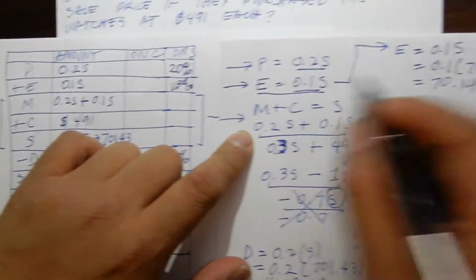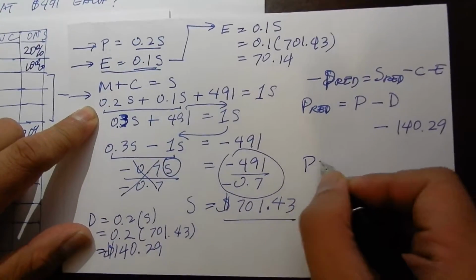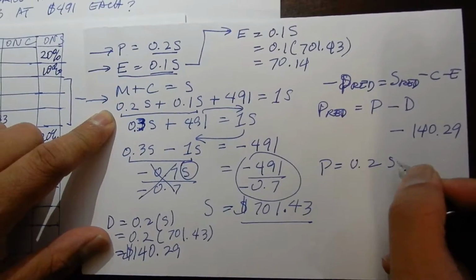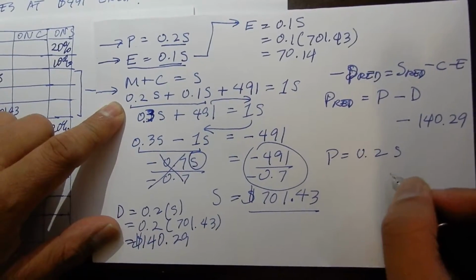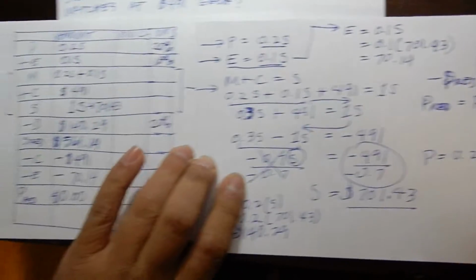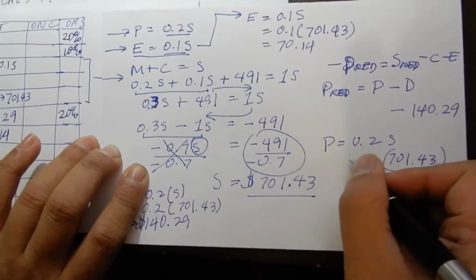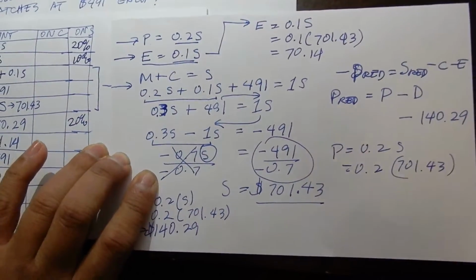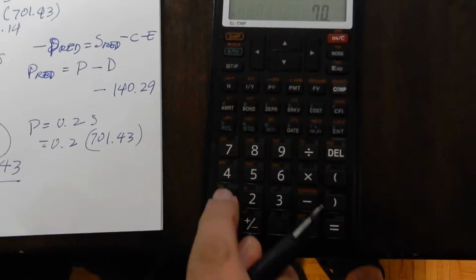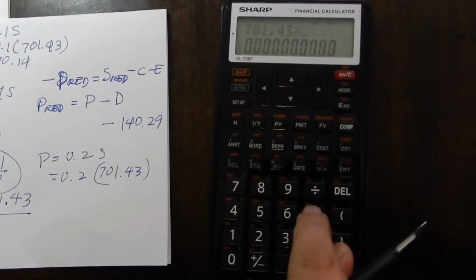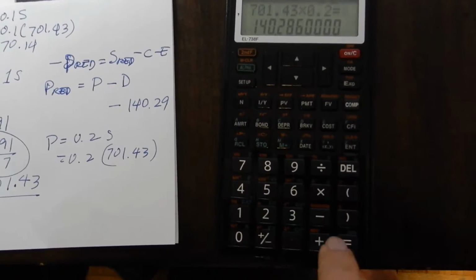Okay, but now the profit I can also derive from the algebraic expression from above: P equals 0.2, it's from up here, 20% of S. Plug in what S is. You know that to be 701.43. 0.2 of that will be 701.43 multiplied by 0.2.